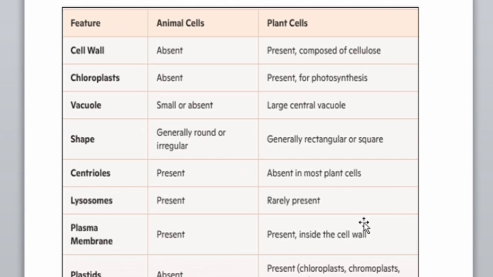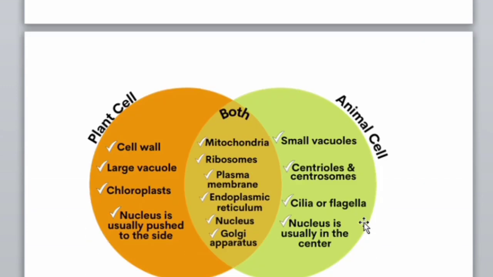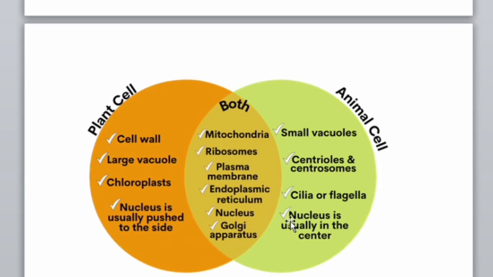Let's have a look. Plant cells contain cell wall. They contain large vacuole. They contain chloroplast. Nucleus is usually pushed to the side, whereas in animal cell, the vacuoles are small, centrioles and centrosomes are present, cilia or flagella are present.